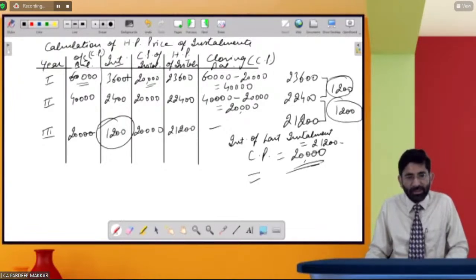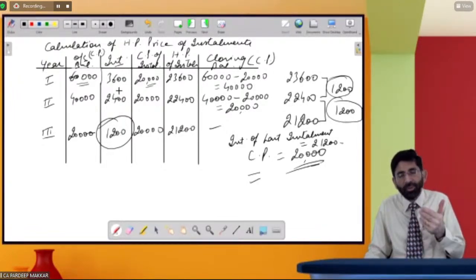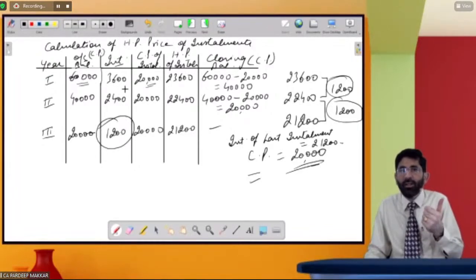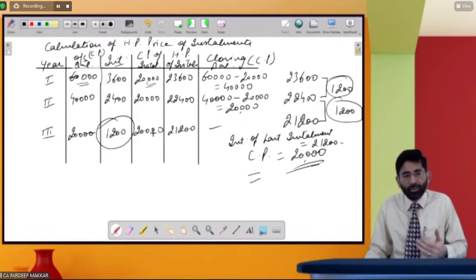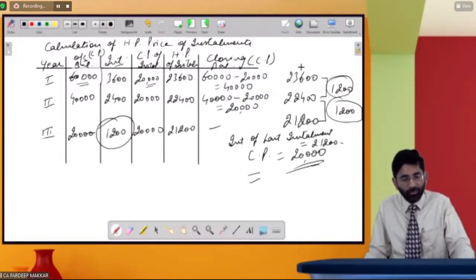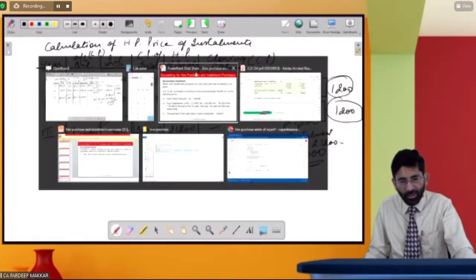You may see the interest variation between any two installments is always equal to the interest on the last installment, because the last installment is equivalent to the installment of the previous one. So obviously it will be multiplied with that. Let's understand it. You will have to take an assumption in this case.